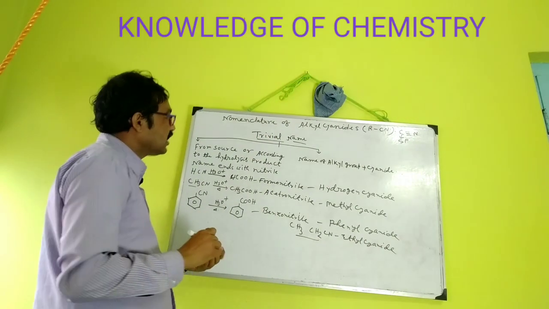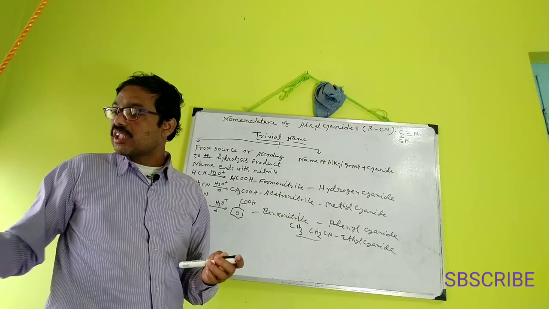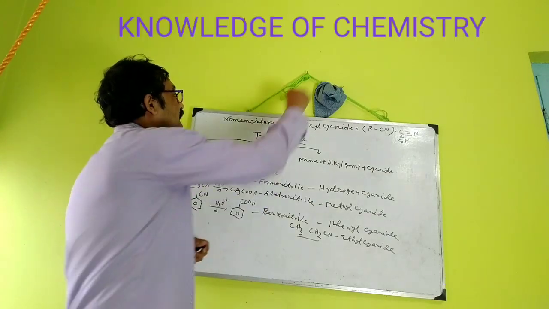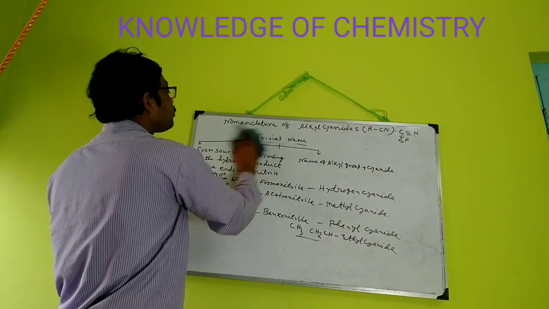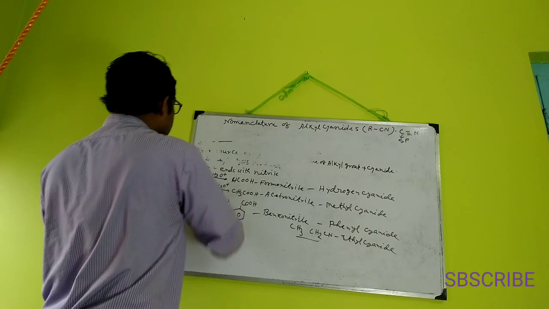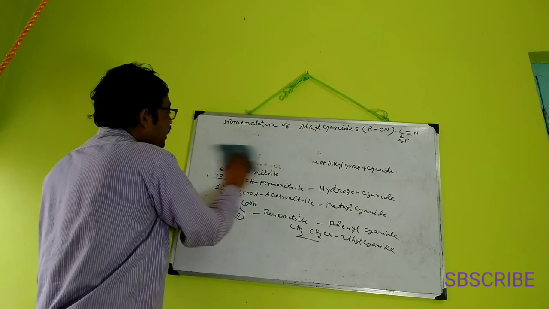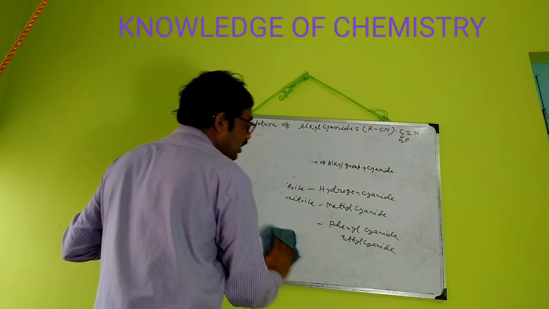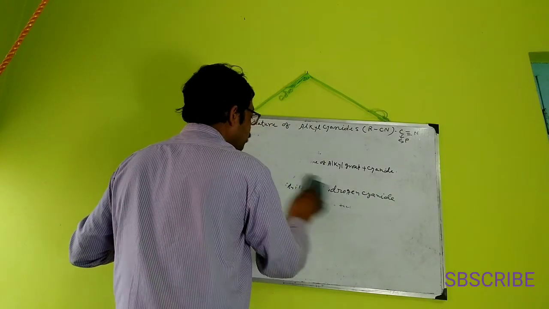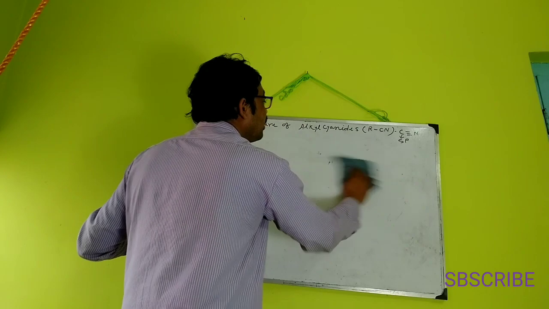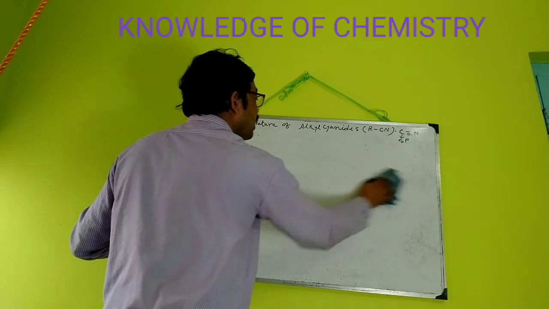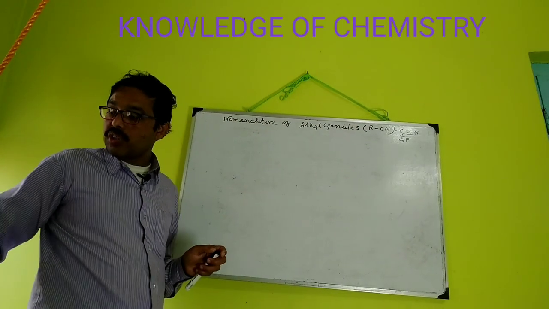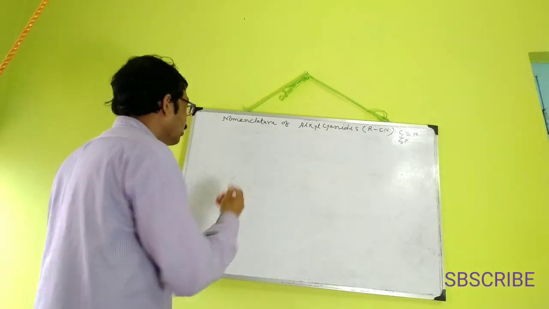Now I shall discuss the nomenclature in the IUPAC system. In the IUPAC system, the CN carbon is considered as position 1, and the total number of carbon atoms is counted in the long chain.